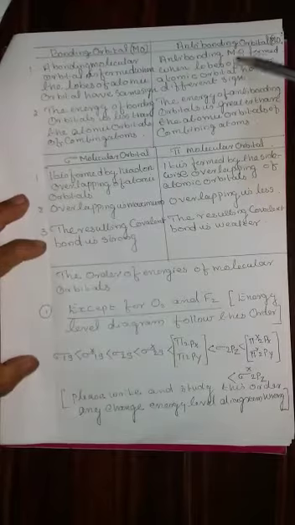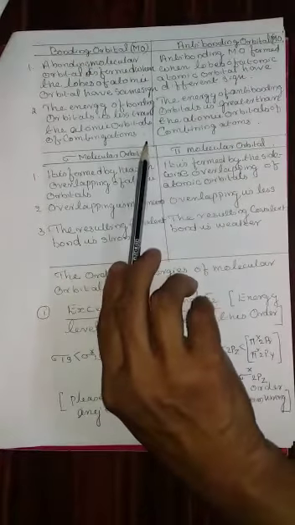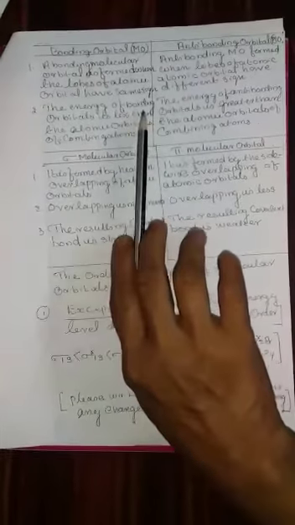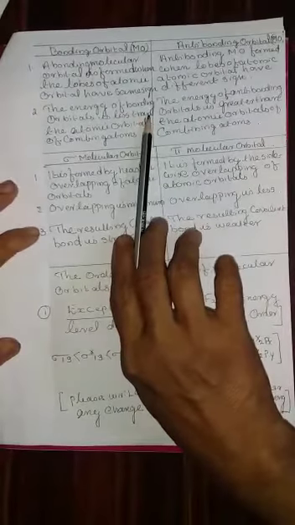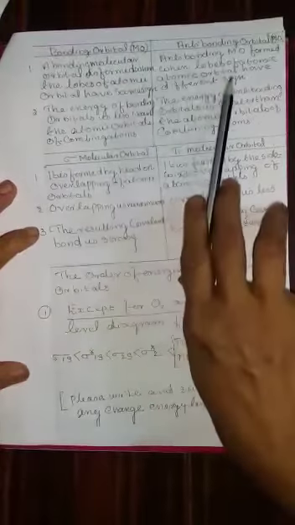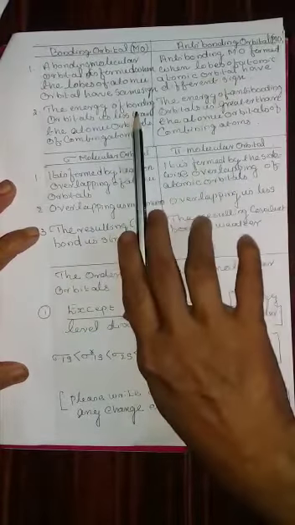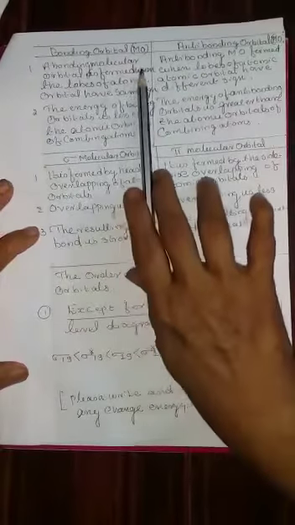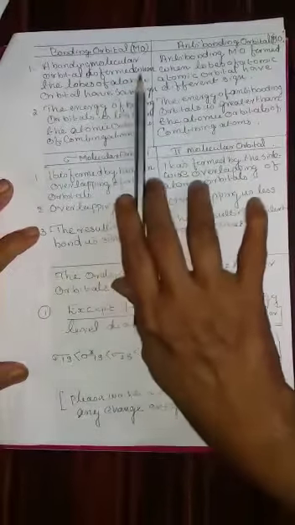Now, there are certain distinctions that can be asked in the examination for 1 mark or 2 marks questions. What is the difference between bonding orbital and anti-bonding orbital? A number of differences are given in the textbook, but you need to know only the basic things. Derivation of equations and the comparisons are not included in the syllabus.